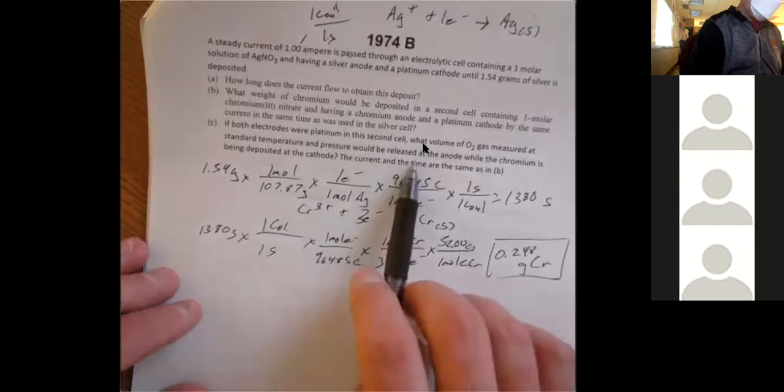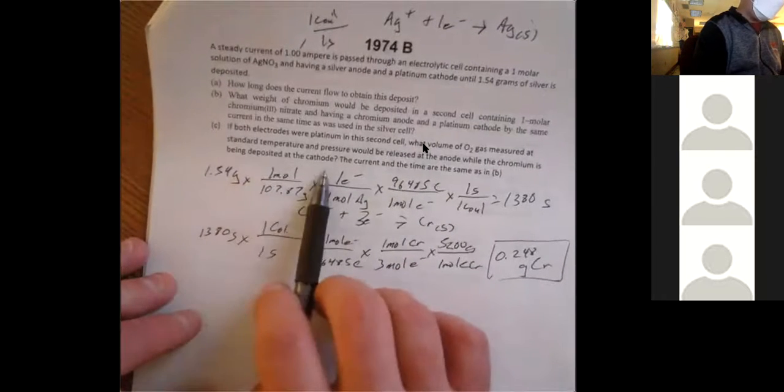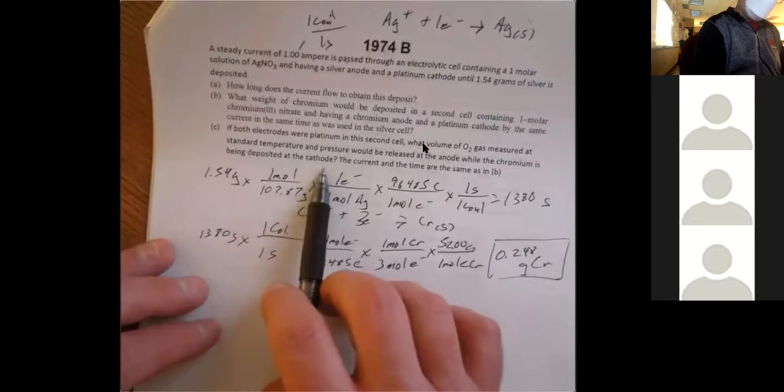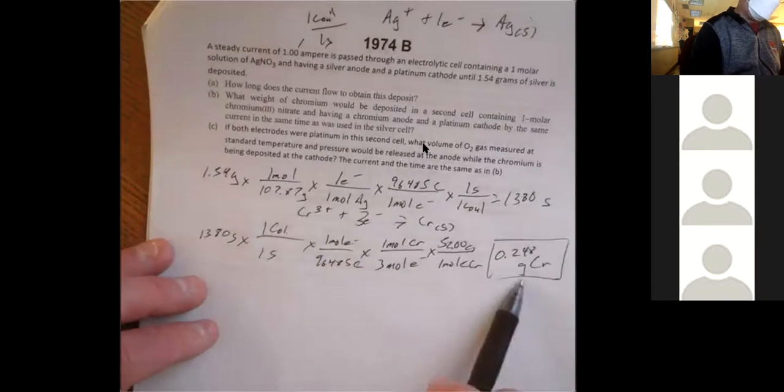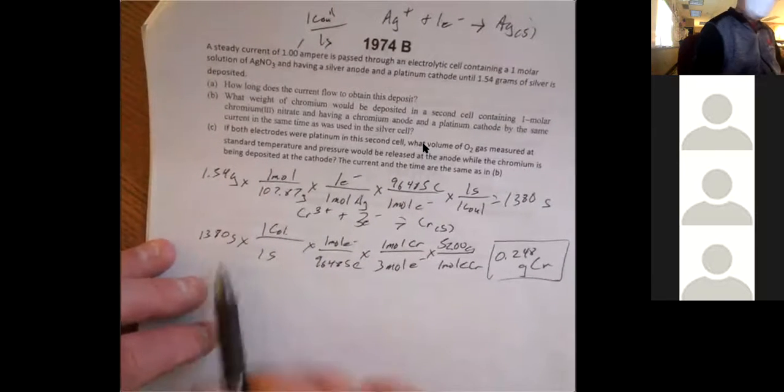All right, so we know how much chromium has been deposited, right? That's what it's saying at the anode, while the chromium is being deposited at the cathode. So it's the same current and time. We could start with the time and just go with the oxygen. The thing is we need to figure out the formula for this.